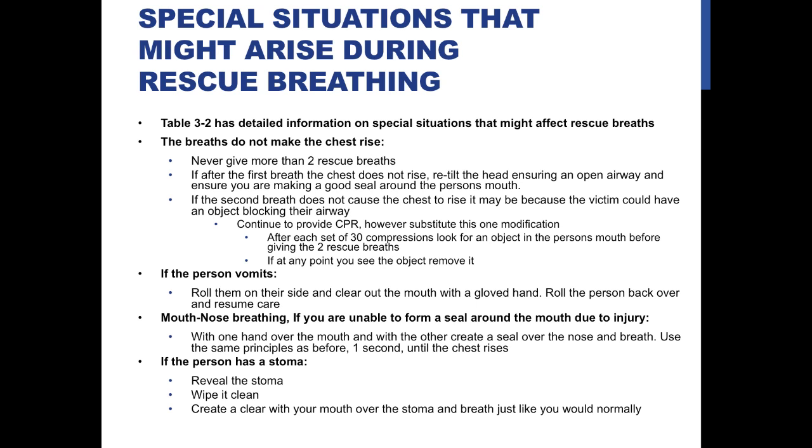Next, you're going to create a seal over the nose and breathe using the same principles as before, approximately 1 second or until the chest rises. Understand, you do typically need to breathe a little harder when you're breathing into the nose alone and not the mouth. If a person has a stoma, okay, reveal the stoma.